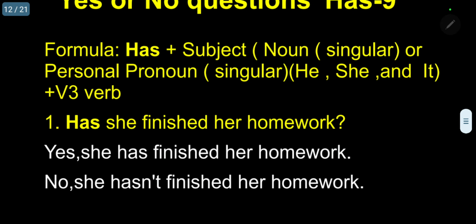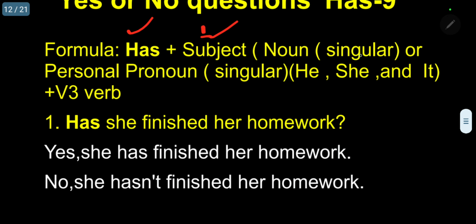Now, I am going to use "has" in 10 sentences to give a clear idea. The formula you have to follow: first has, then subject. Subject means, you know already, it is singular. So a singular noun you have to use, or a singular personal pronoun, he, she and it.